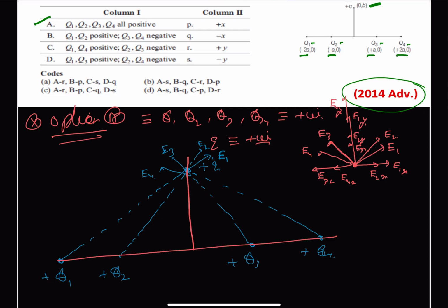So all the x components will cancel each other.